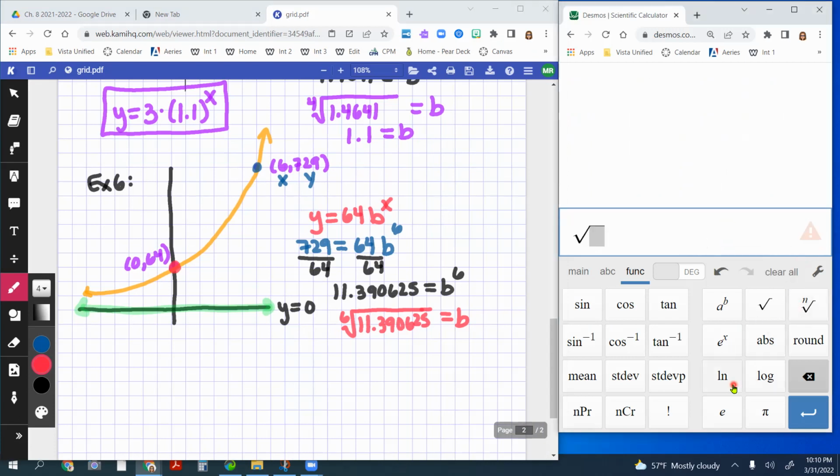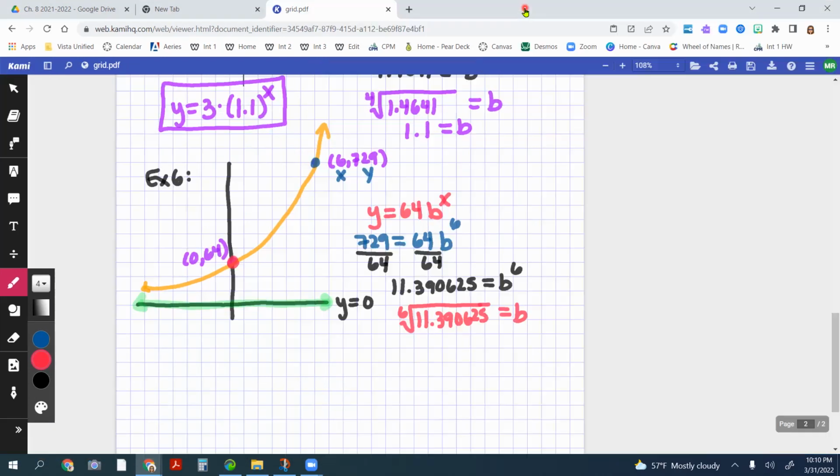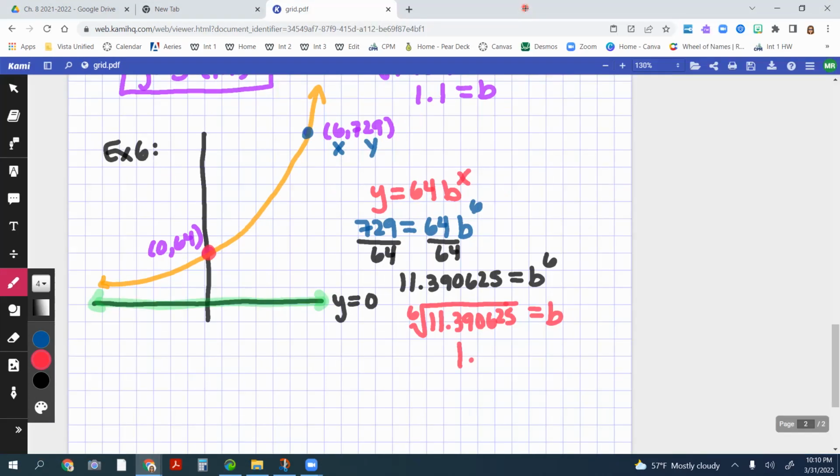So I'm going to take the 6th root of 11.390625. I actually get a nice number. I get a 1.5. So my b is 1.5. So this equation is y equals 64 times 1.5 to the power x. And that's the end of these notes. And now you can get started on your classwork.